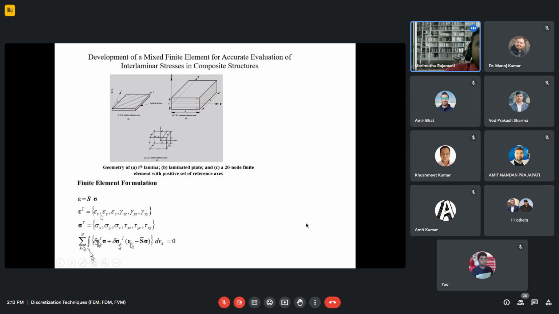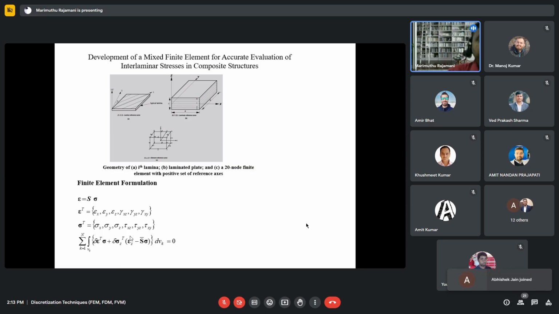Epsilon Ez consists of epsilon z, gamma xz, and gamma yz, minus S bar sigma, where S bar sigma has all the six components. From this, you include only the three equations. This will be 3 by 6. This will be 6 by 1. So that is being used here.